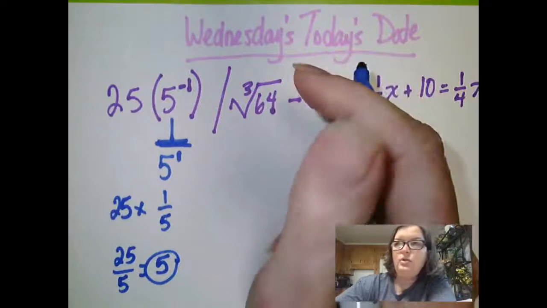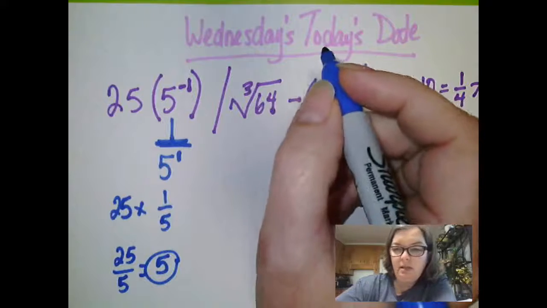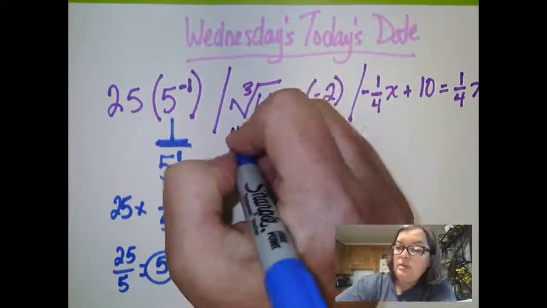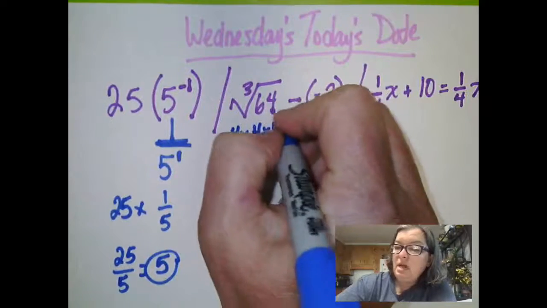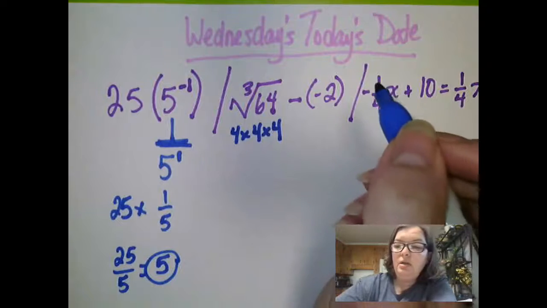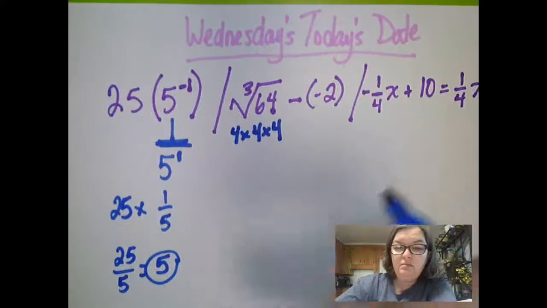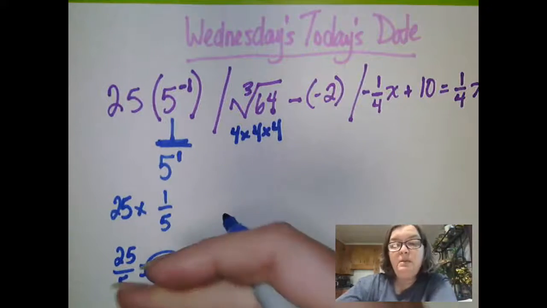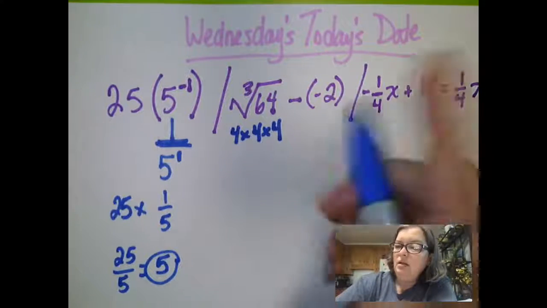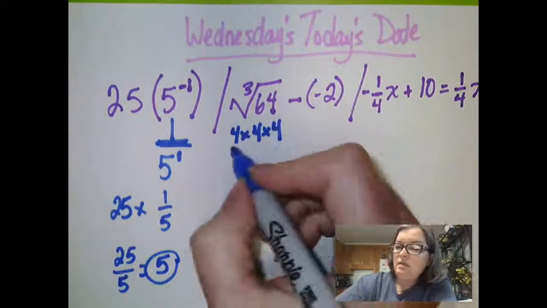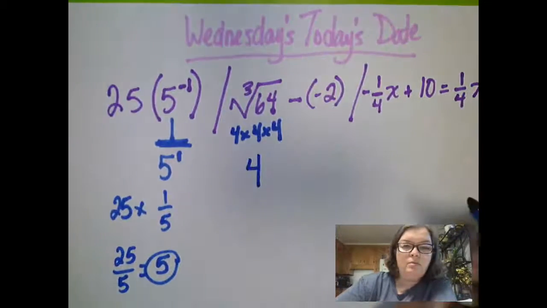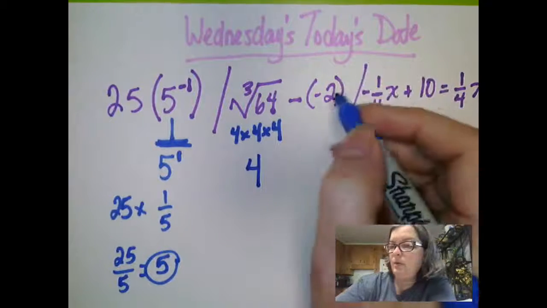That's still too small. 4 times 4 is 16. 16 times 4 is 64. So it's 4 times 4 times 4. If you really want to get your cube roots good, I recommend remembering your perfect squares all the way up to about 15. That will help you out a lot with this. So 4 times 4 times 4 is 64. So the cube root of 64 simplifies to 4.